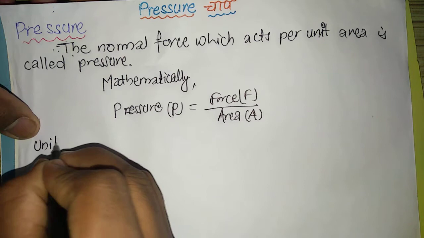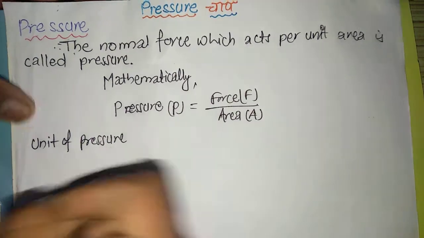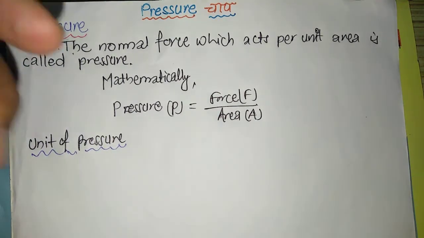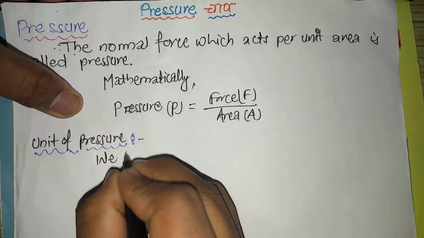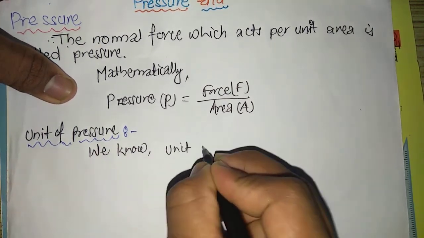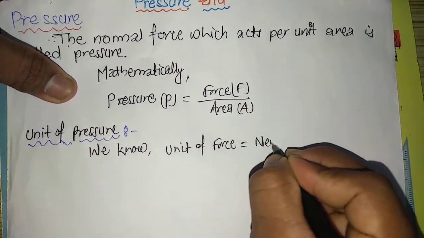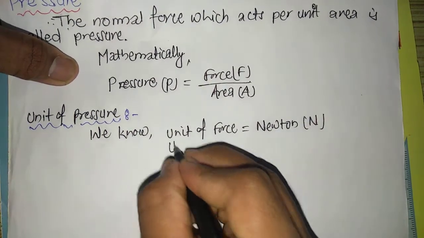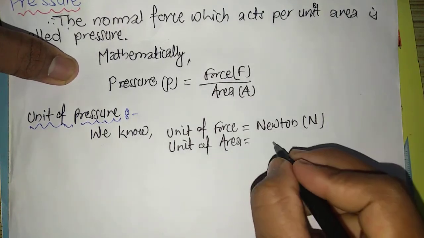Unit of pressure. We know that the unit of force is Newton and its symbol is capital N. Unit of area is meter square.